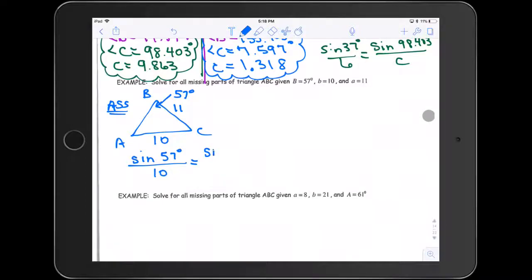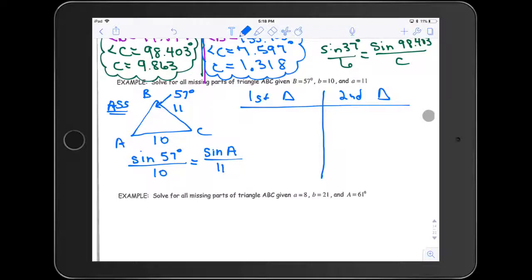So sine of A over 11. When you cross multiply and solve that, that's going to give you one of your triangles. I'm going to set it up just like we did on the top. So first triangle, and this is the second triangle.